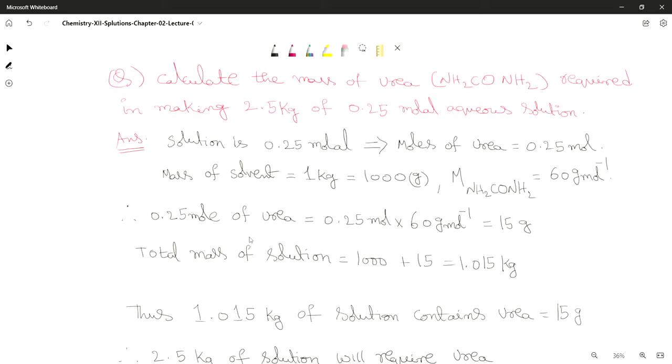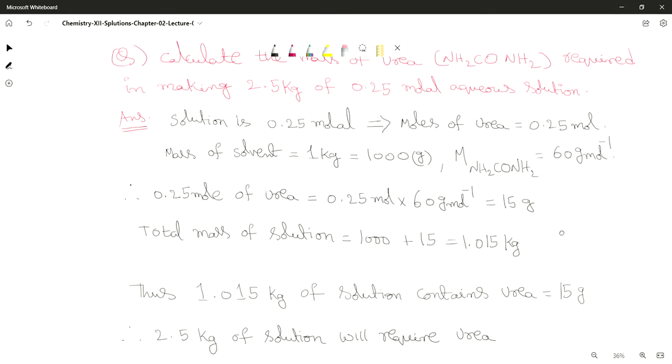Please work it out. So 0.25 moles of urea is 0.25 mole multiplied by 60 gram per mole, which works out to be 15 grams. Number of moles multiplied by gram molecular weight, if you multiply, you will get how much mass of that substance is present within the solution.